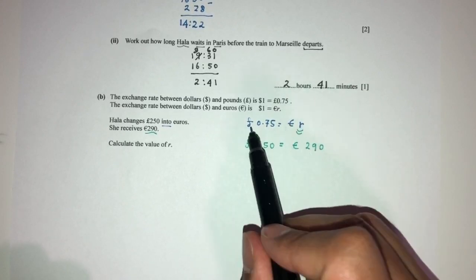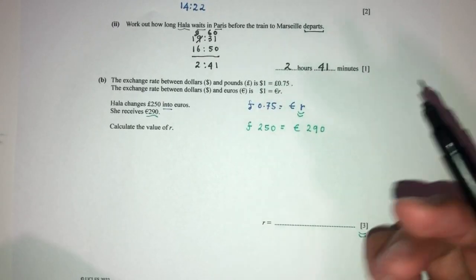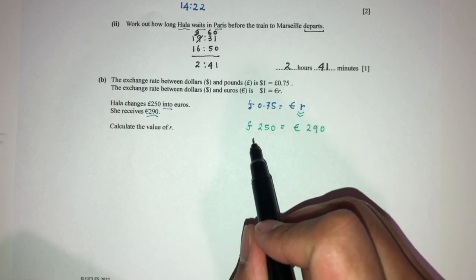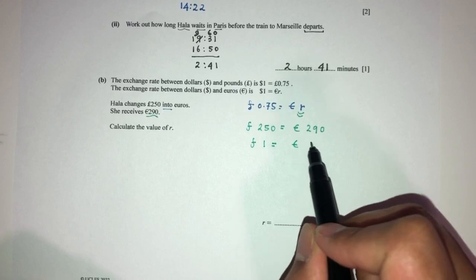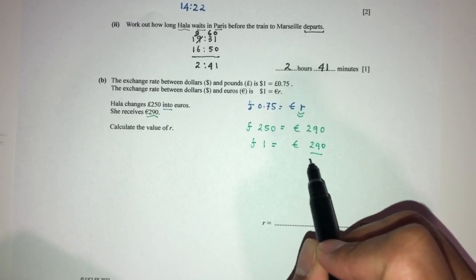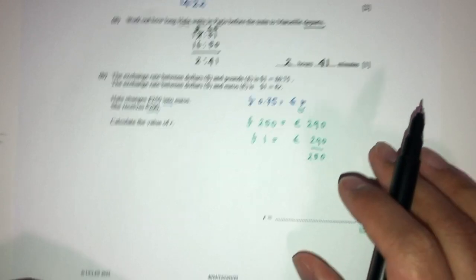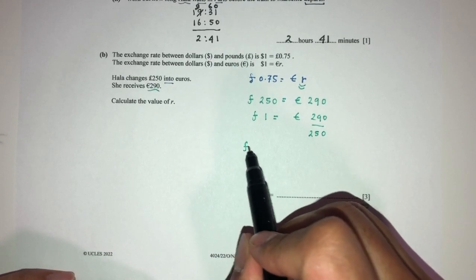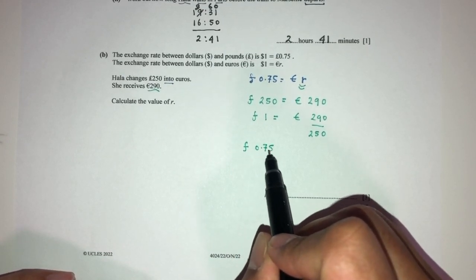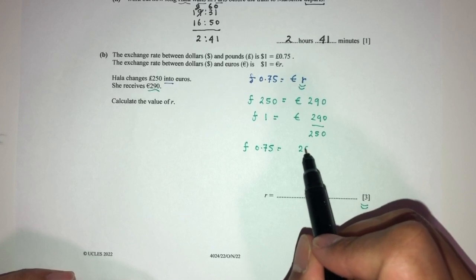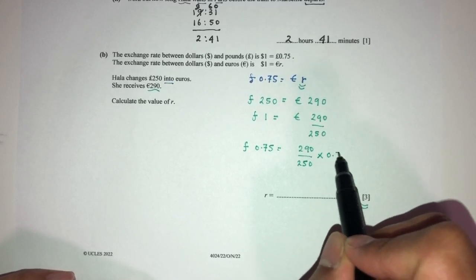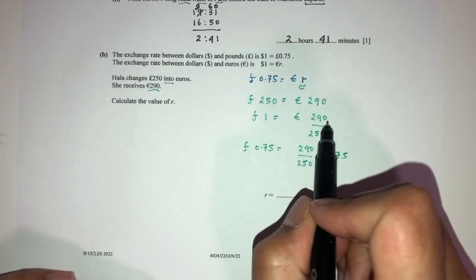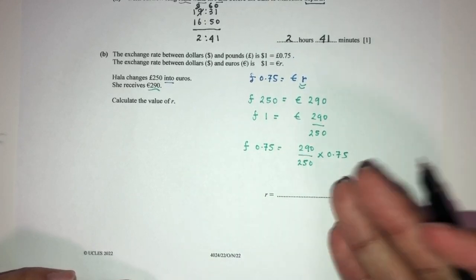R is 1 dollar, a pound is 0.75. So let's go one by one. Let's first find what is a pound. 1 pound will be 290 euros divided by 250. You agree? Now to find 0.75 pounds, we have to take 290 divided by 250 times 0.75, because we know 1 is that much, so this will be multiplied by that much.